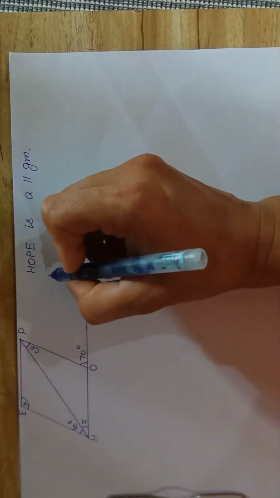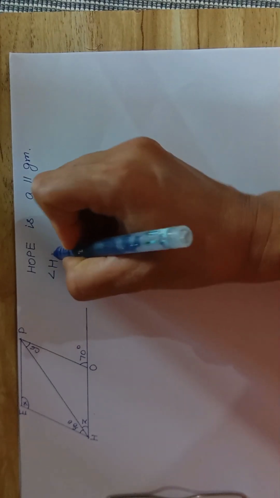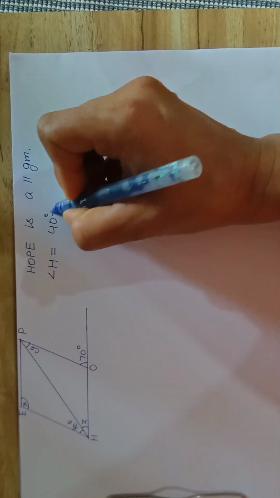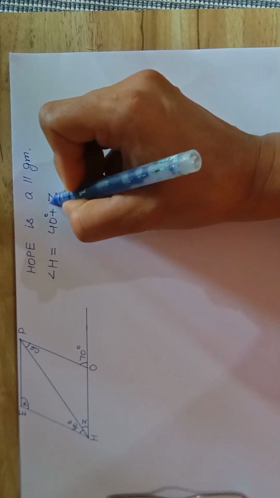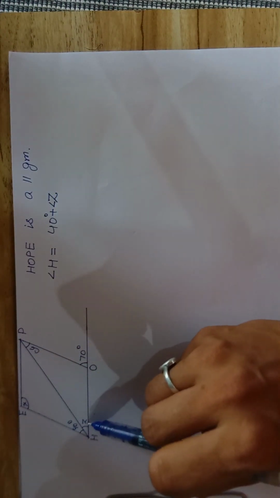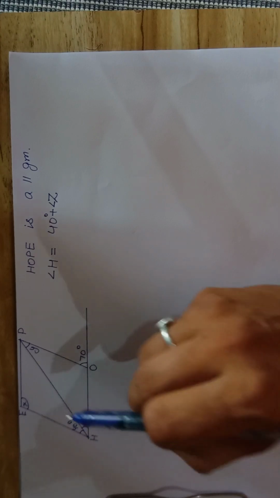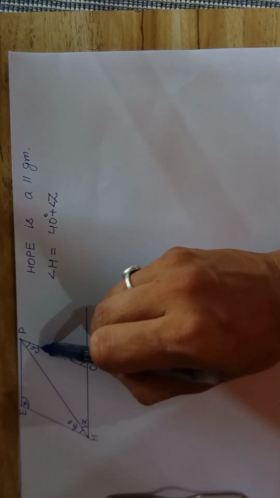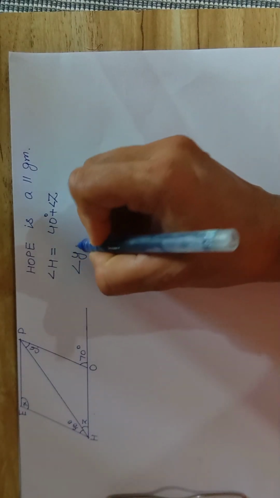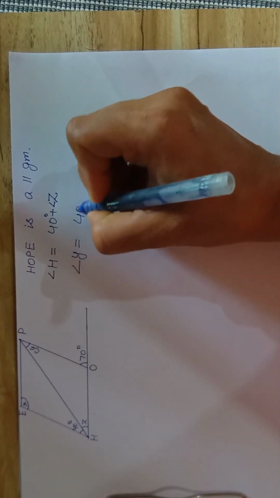So what we have, angle H is equal to 40 degree plus angle Z. So angle H is the combination of this 40 and Z. So how can we find this angle Y? This angle Y is equal to 40 degree.